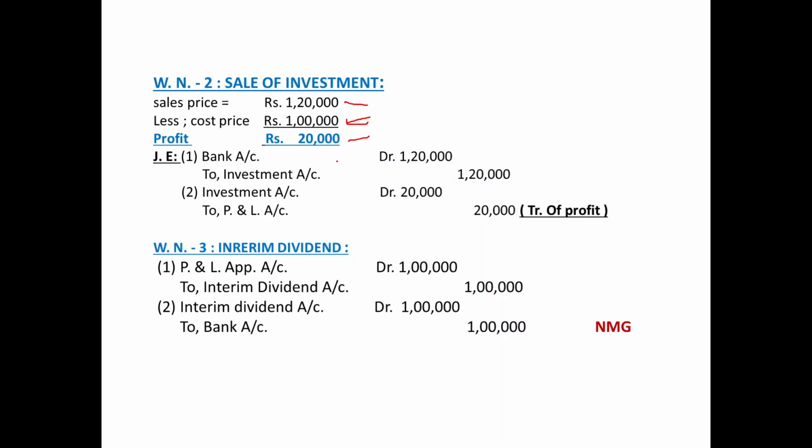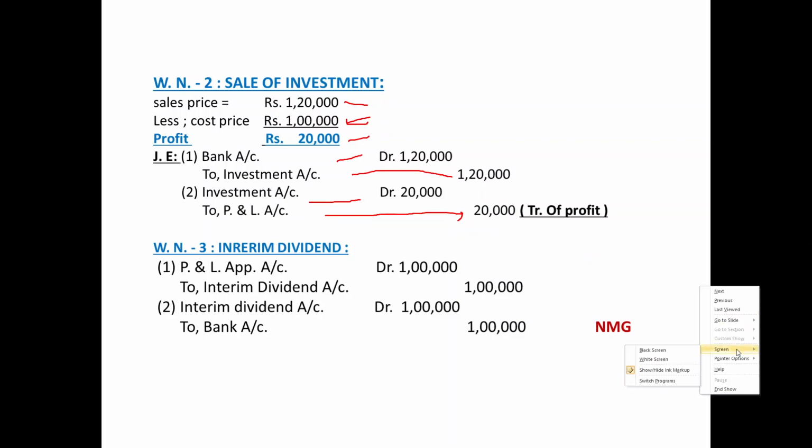Journal entry: bank account debited rupees 1,20,000 to investment account credited rupees 1,20,000. And then for transfer of profit, investment account debited to profit and loss account credited 20,000.